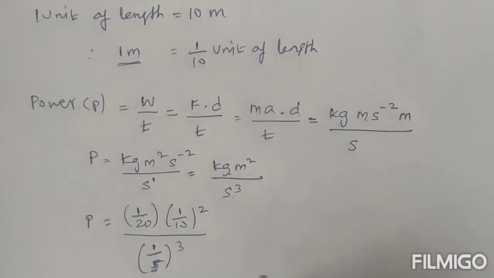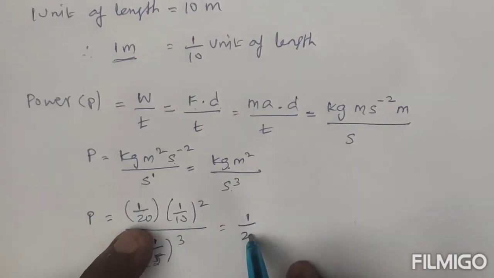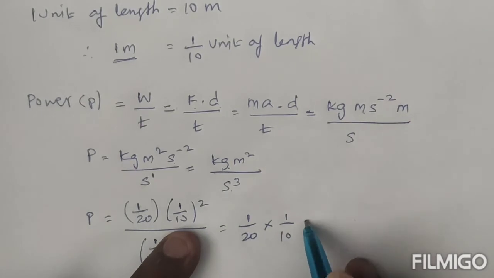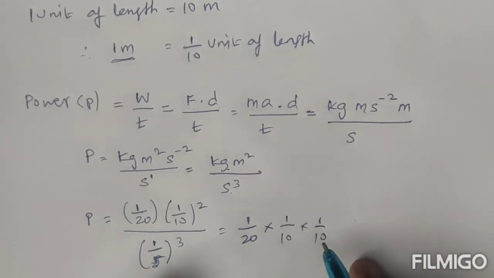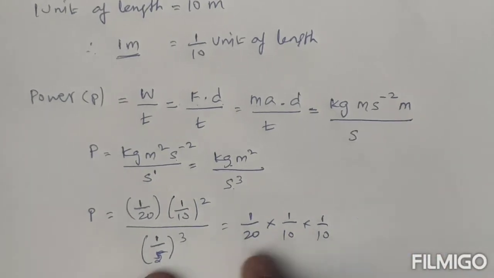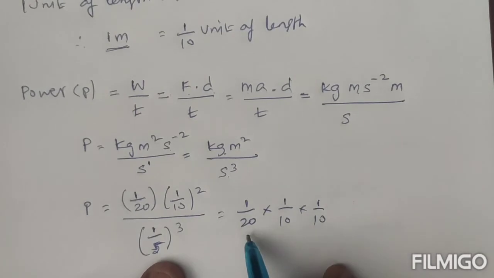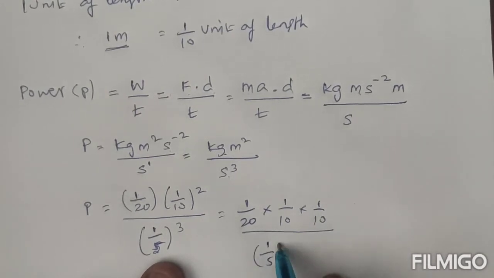So now we can write first 1 by 20 into 1 by 10 square, so 1 by 10 into 1 by 10. Next, the division is 1 by 5 whole cube, that is 1 by 5 into 1 by 5 into 1 by 5.